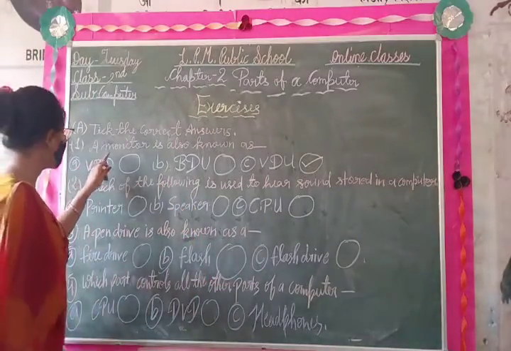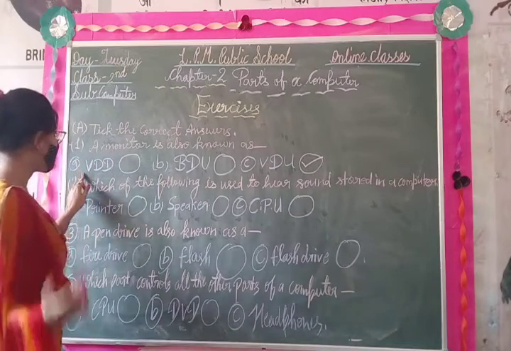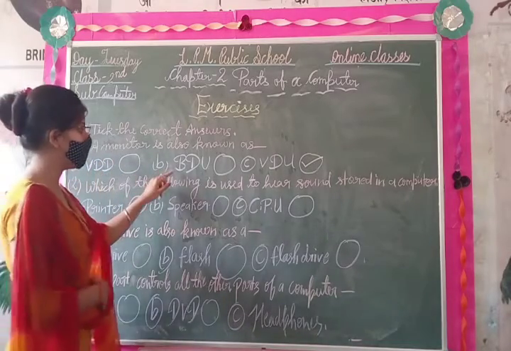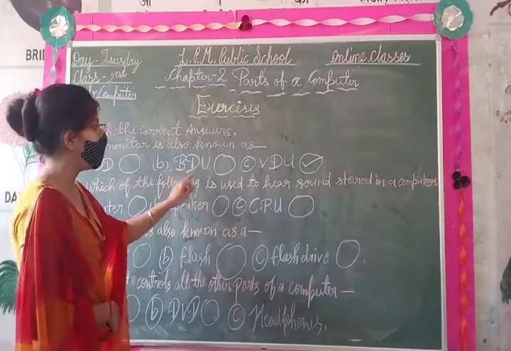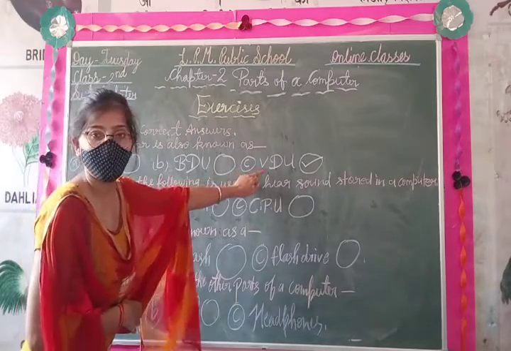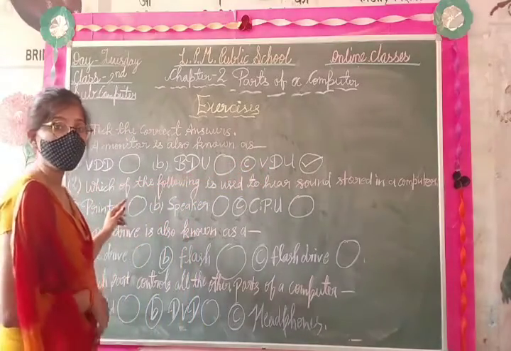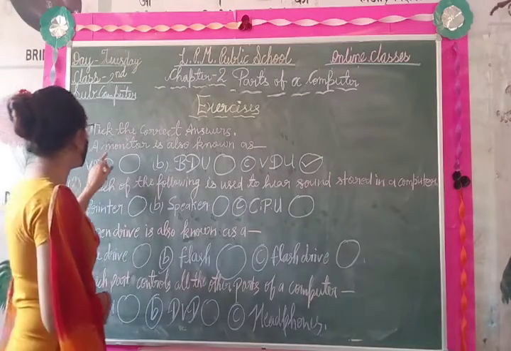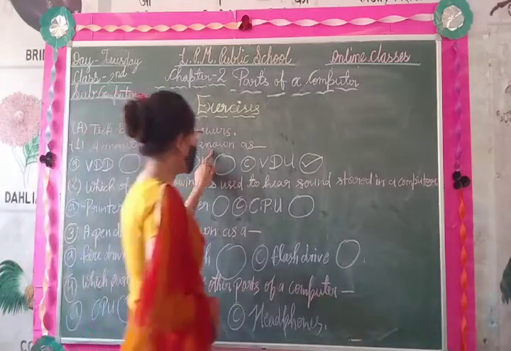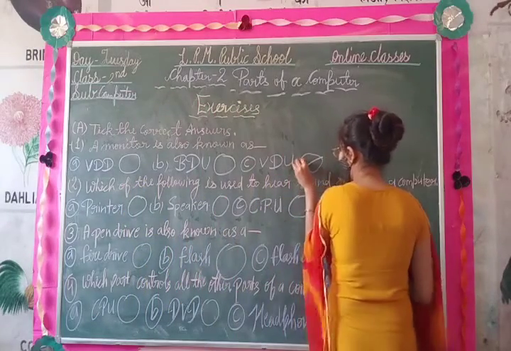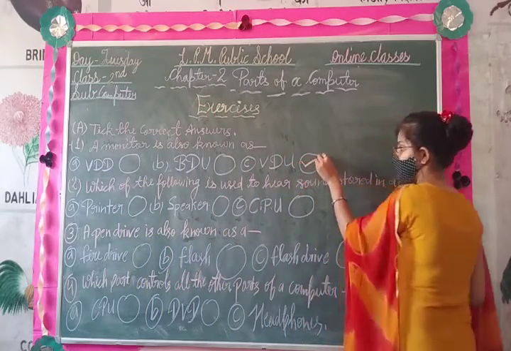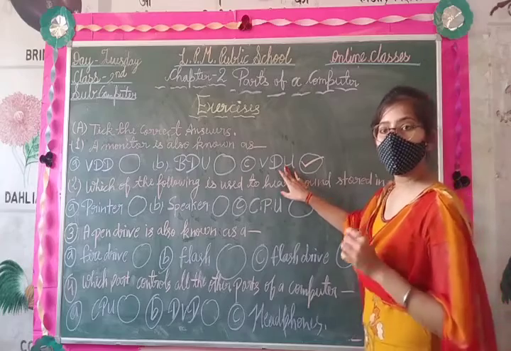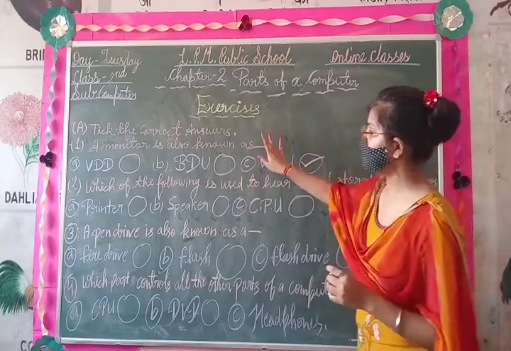As we know very well, option number A is VDD, option number B is VDU and option number C is VDU. So student, we learn from this lesson, a monitor is also known as VDU. So student, now we can say option number C, VDU is the correct answer of this question.